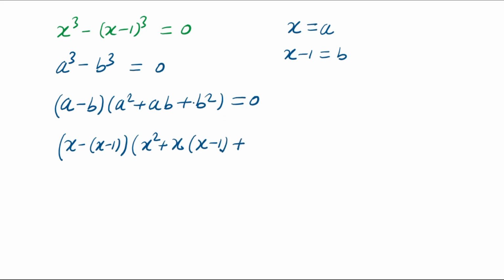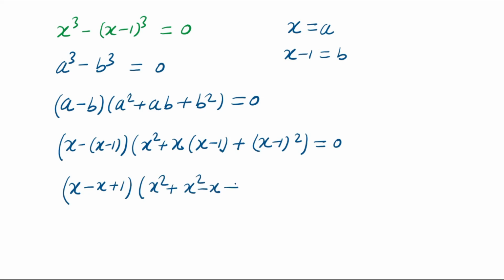So we get (x minus (x minus 1)) multiplied by (x square plus x times (x minus 1) plus (x minus 1) whole square), and this is equal to 0. Now x minus (x minus 1) gives minus x plus 1, multiplied by (x square plus x square minus x plus, here we will apply (a minus b) whole square, then you will get x square plus 1 square minus 2 times x times 1) equals 0.